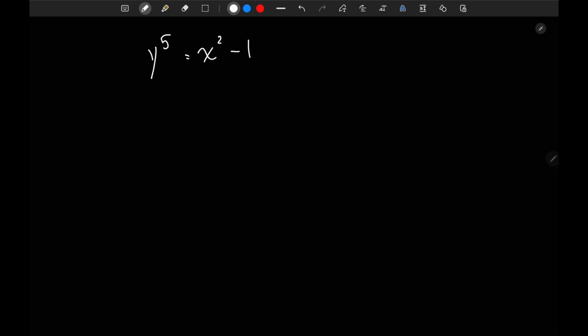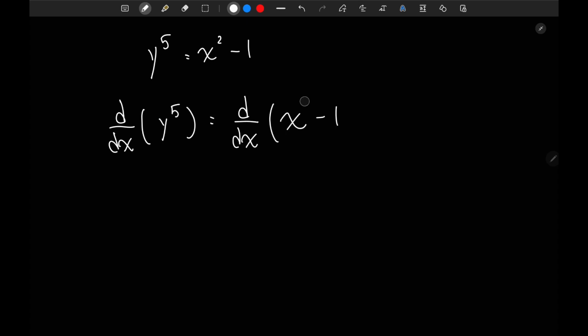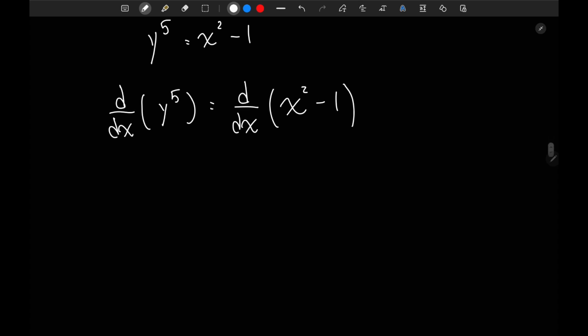Starting off this example, again, we're going to take the derivative of each side with respect to x. And then now we just go along and evaluate these.